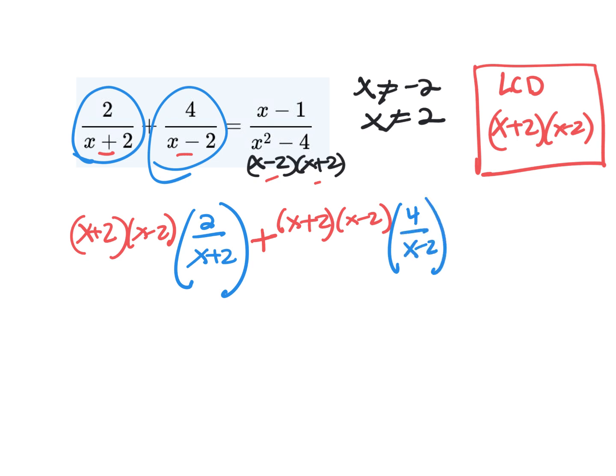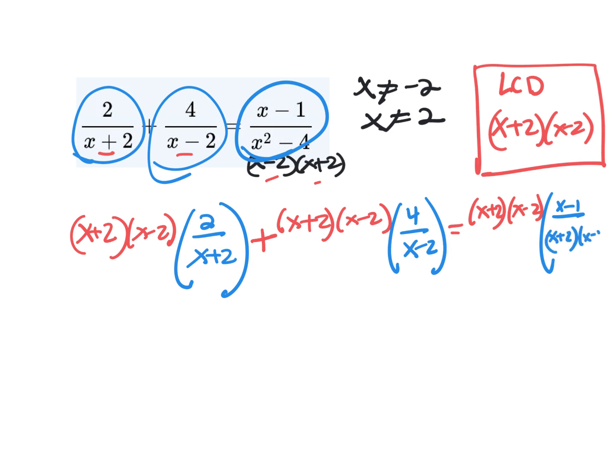And then I'm going to multiply my lowest common denominator times my last part of the equation, which is x minus 1 in the numerator, and then x plus 2, x minus 2 in the denominator. Now I'm going to see what can cancel out.